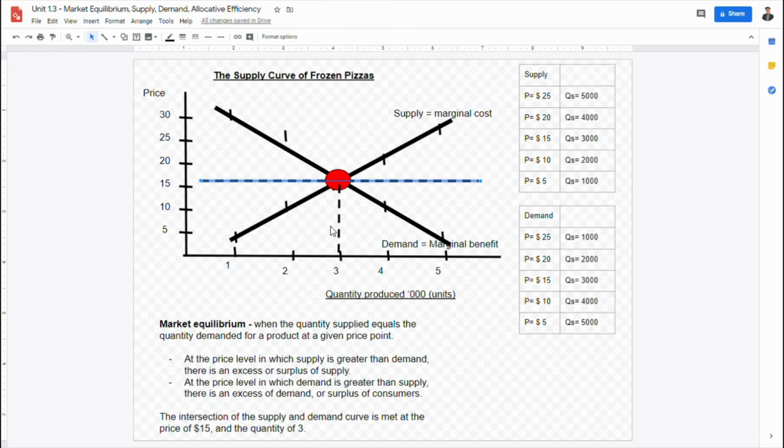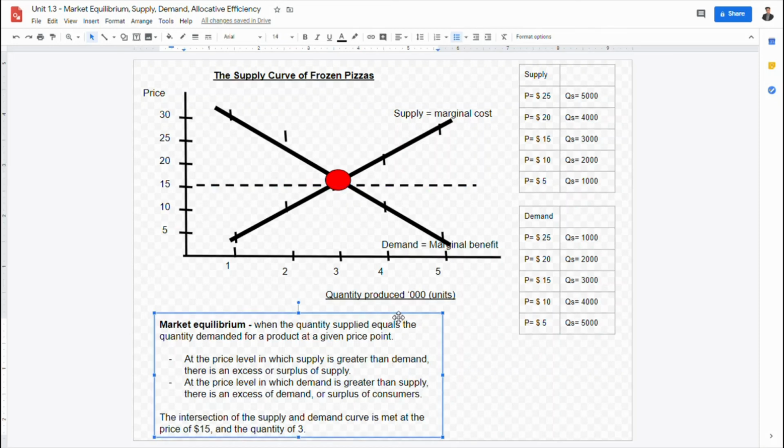However, if the price level falls under the equilibrium point, let's say to 10, to 5, to 3, to 1, to 0, at these points underneath the market equilibrium, then there is an excess of demand at play. Therefore, if we look at the market equilibrium price, we could determine the allocative efficiency and at which point the supply and demand curve meet.